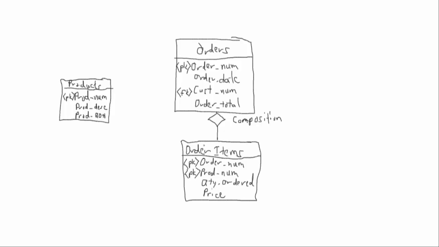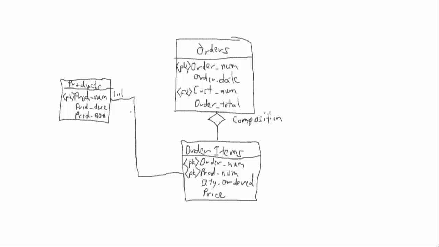And now my relationship becomes between order number and order number, and product number and product number. So my order items are going to have a product number on them, and each product number is going to show up once and only once in my product table.